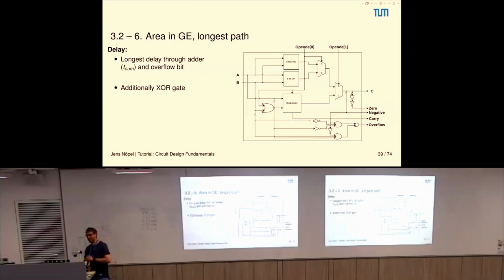Have you seen the unit GE before? No. Okay. I thought maybe anyone would ask what GE means, but GE stands for gate equivalence. This is usually used more in ASIC implementations than in FPGA implementations.